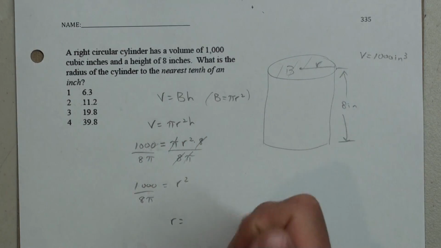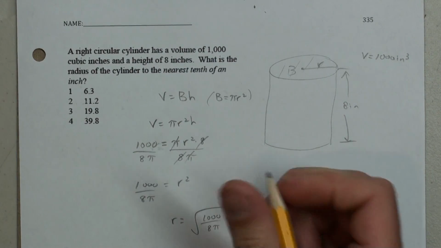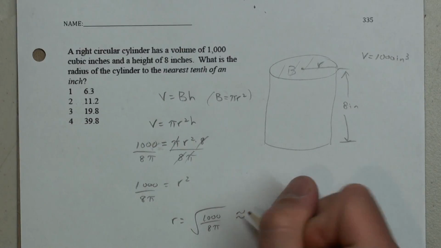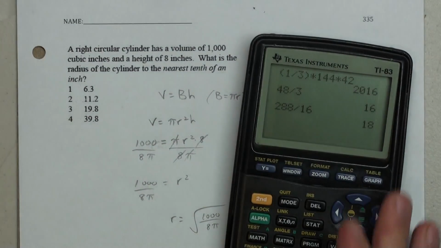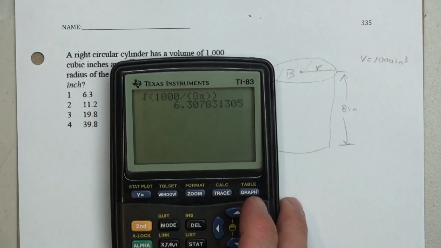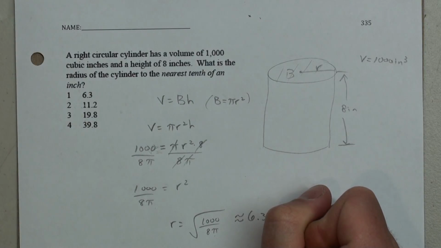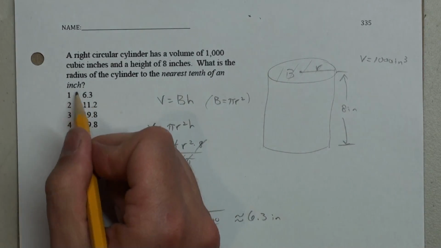So r is the square root of 1,000 over 8 pi, which is approximately, what do we want, to the nearest tenth? 6.3. That would be inches. Choice 1.